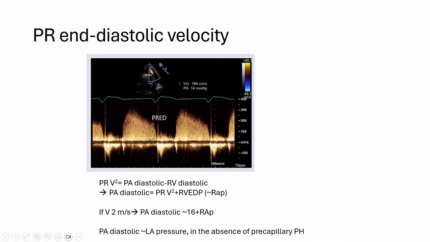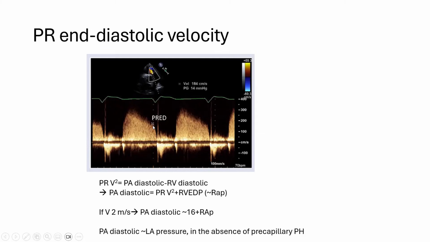Therefore, that end-diastolic velocity really correlates with PA diastolic pressure. PA diastolic pressure is actually that velocity squared plus RV end-diastolic pressure, which is nearly equal to the RA pressure that we can obtain via the IVC or better yet via JVP physical exam.